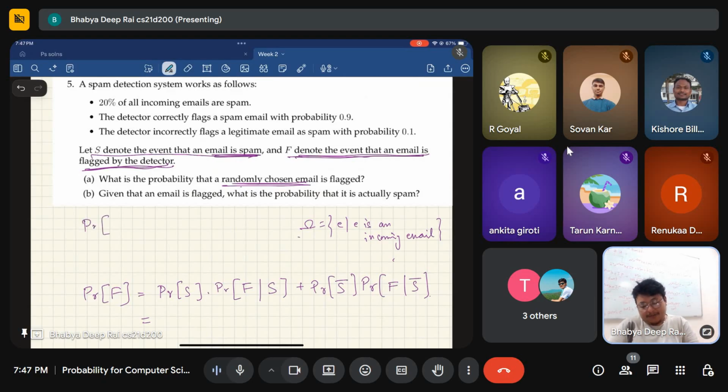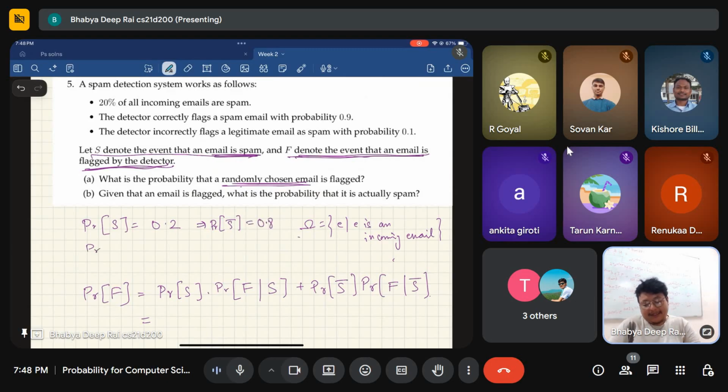So the probability that it is spam is 20%, according to the question, which implies that the probability that a randomly chosen message is not spam is 0.8.